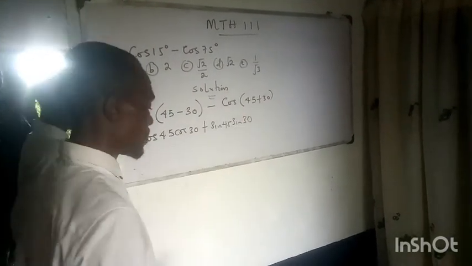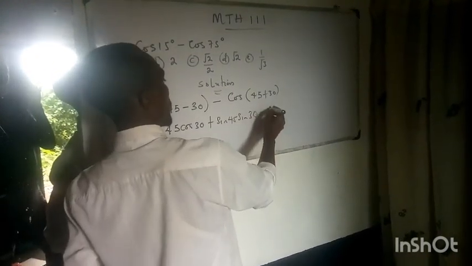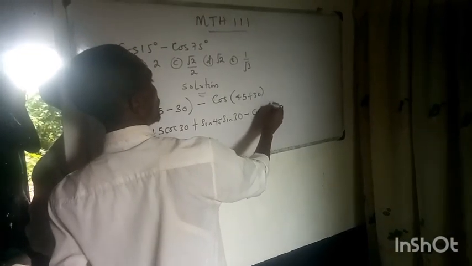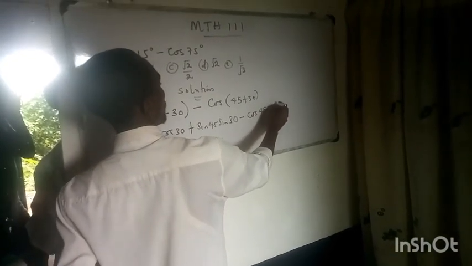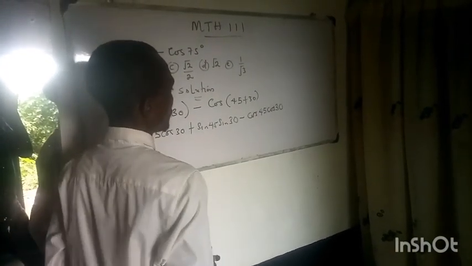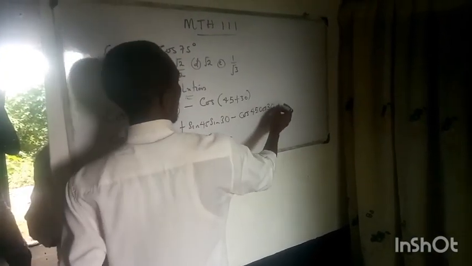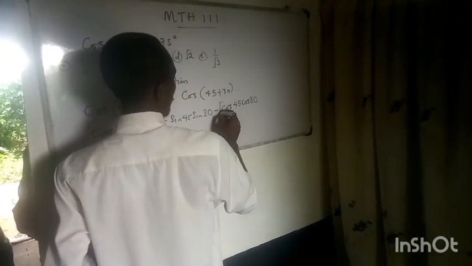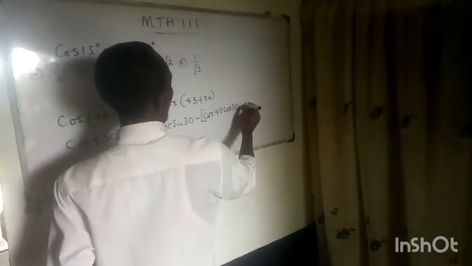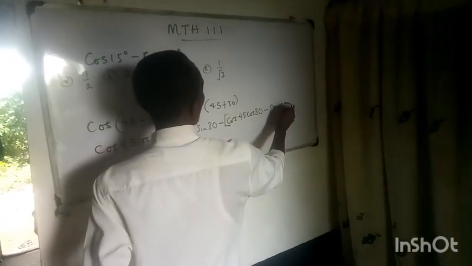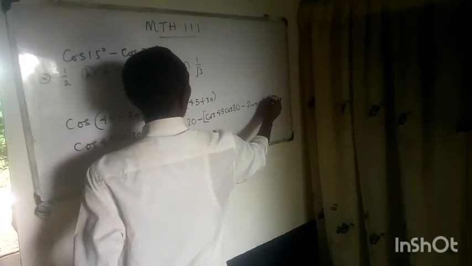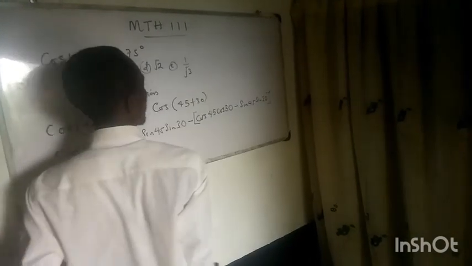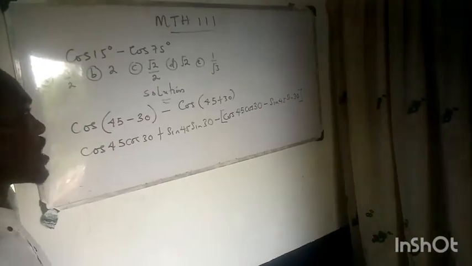Now we do the same thing to the other side. We have cos 45 cos 30, and then we put this in brackets, minus sine 45 sine 30. Okay, so this is what we have.